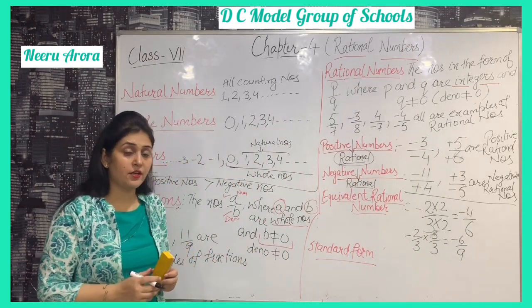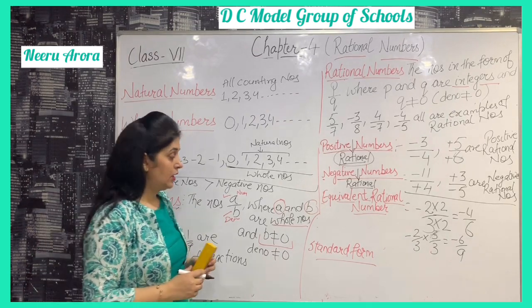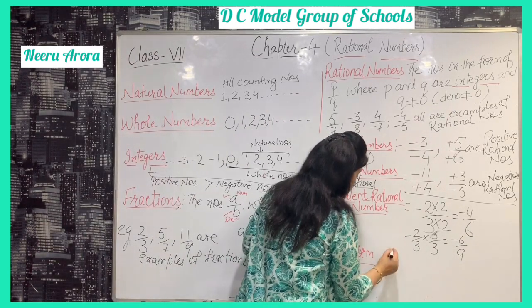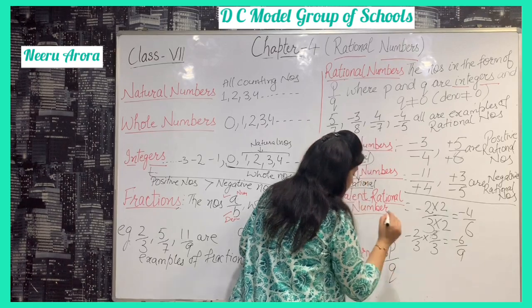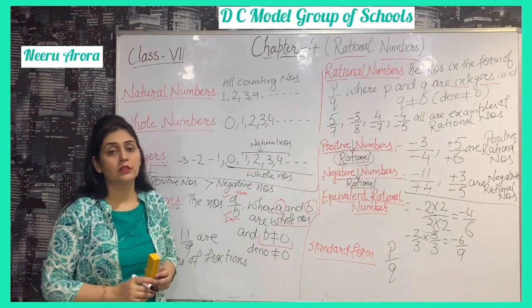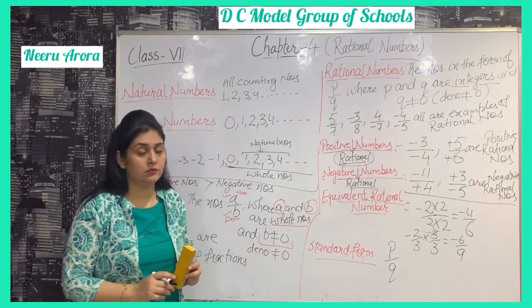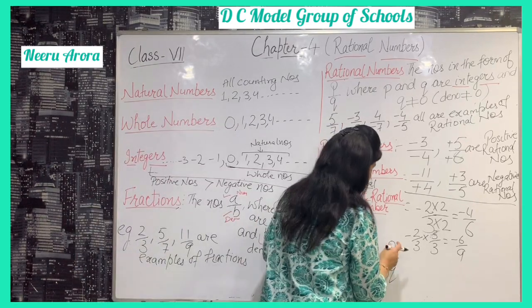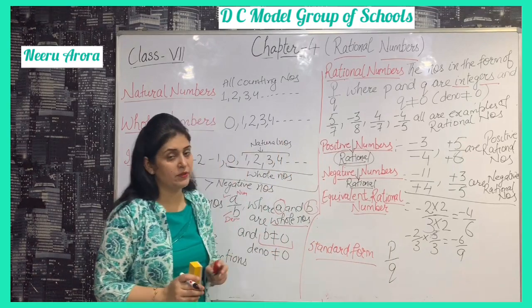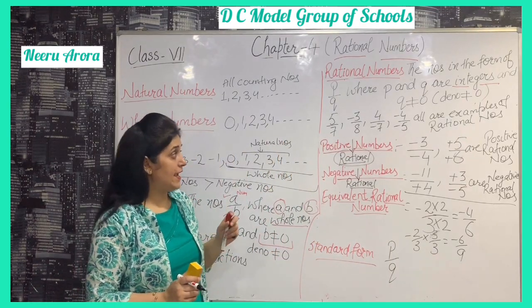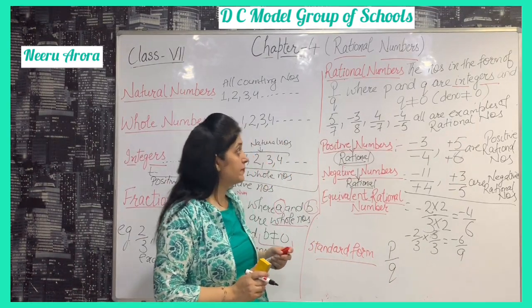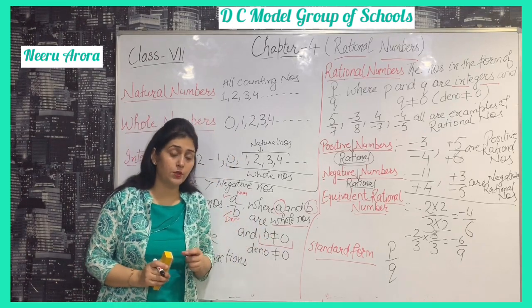Now what is standard form? We know that P by Q is the form of rational numbers, where P and Q are integers and the denominator is not equal to 0.